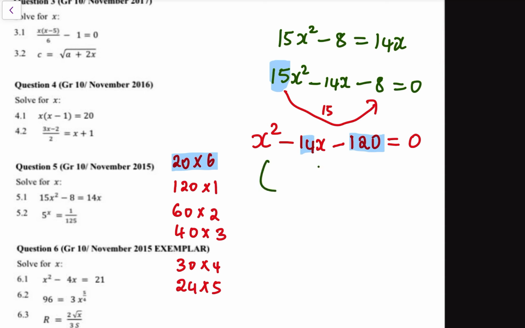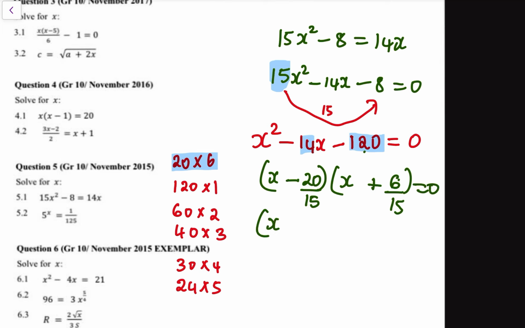So now we factorize this as x, and then we have 20 and 6. But please do not forget that we have borrowed 15. So this must be over 15. Even this one must be over 15. And then this is negative, so the bigger number will correspond with the middle term, so it's negative and plus. Now, this is equal to 0.